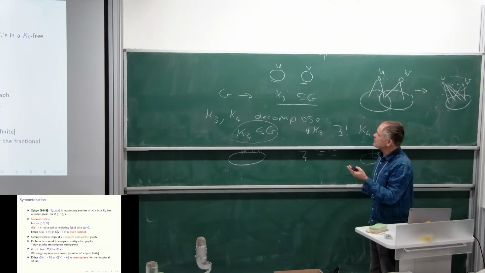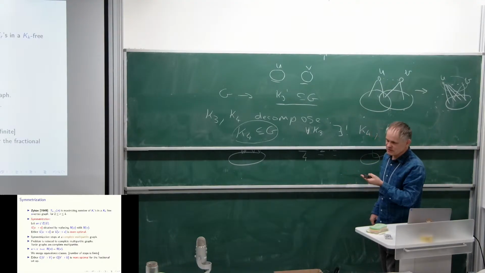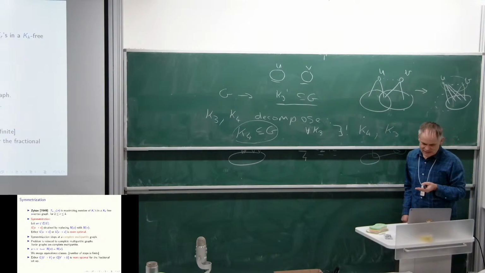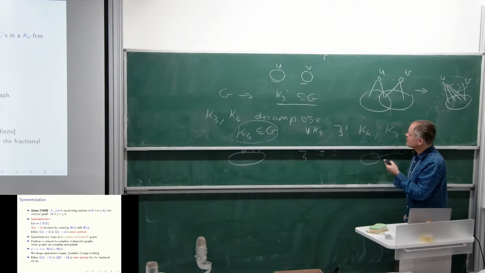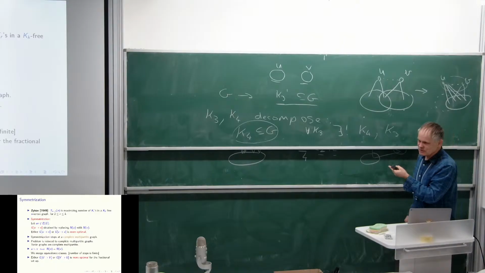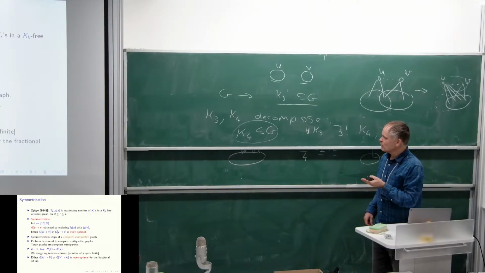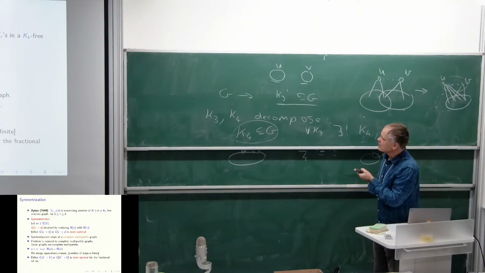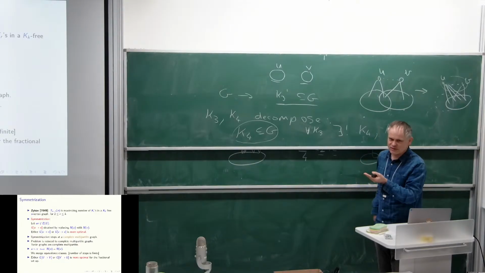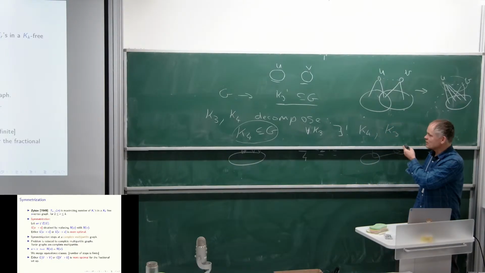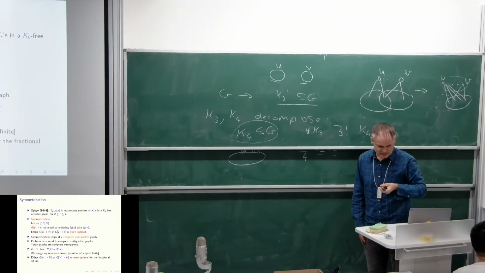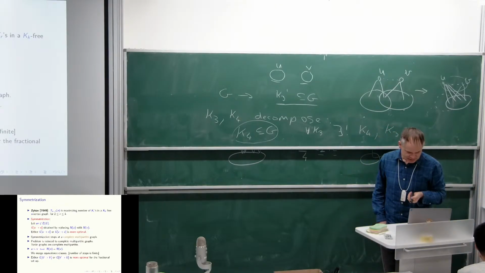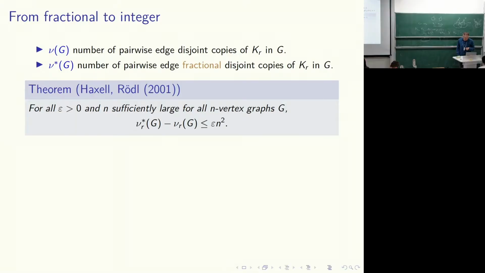So it means that we can do one of the symmetrization steps, and that's the point where we need the fractional version, because for our problem setup we couldn't have this for the integer version. For Turán's theorem, it works with the integer versions, but for this, for some technical reasons, it doesn't. So that's one of the key ideas.